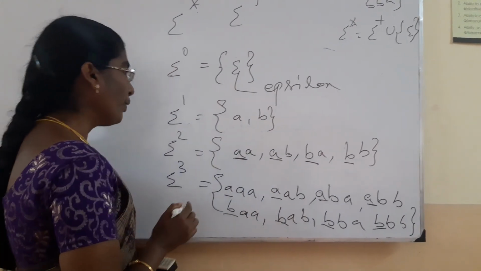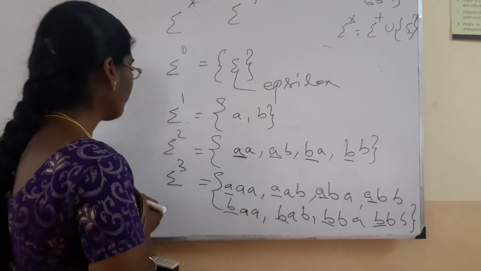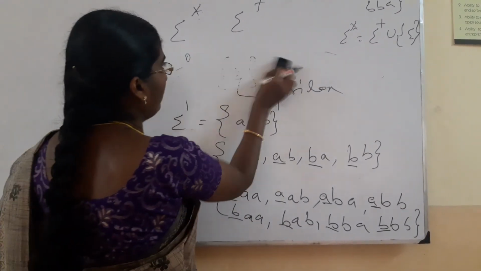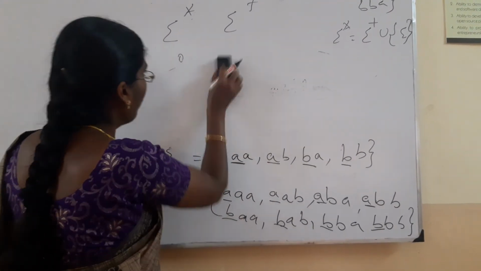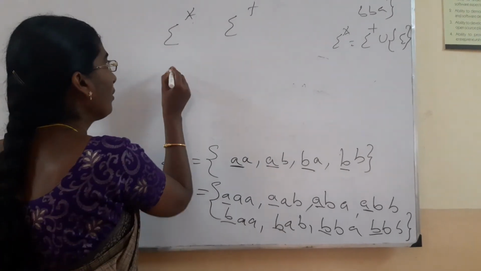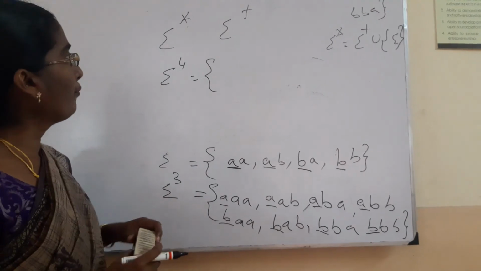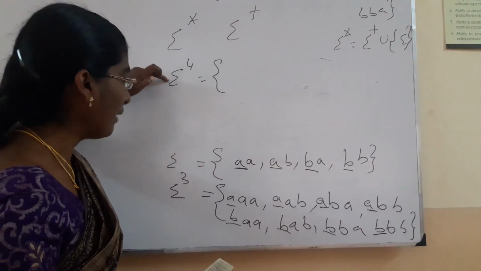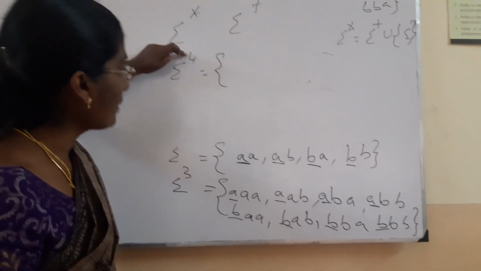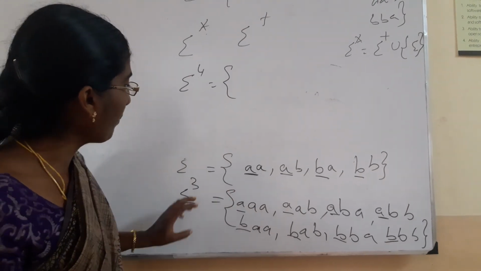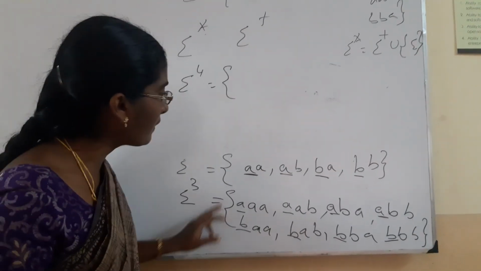Next, how will you form summation power 4? Summation power 4 means 4 represents the power of this alphabet. To form summation power 4, first you have to consider the summation power 3 symbols as the existing symbols.